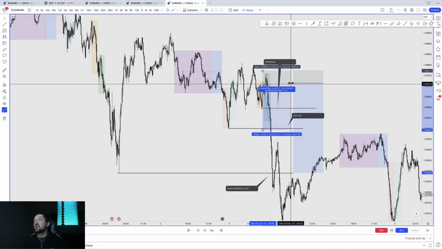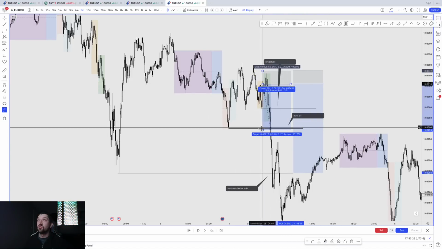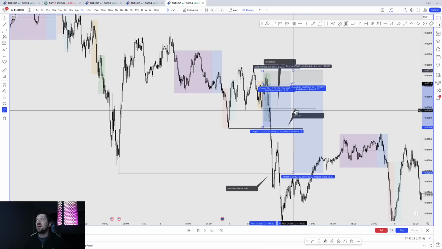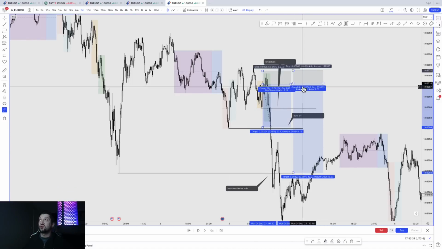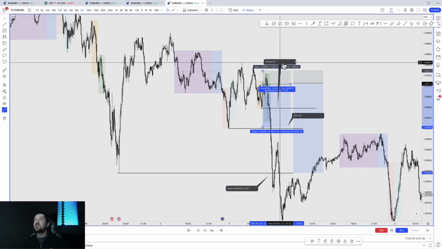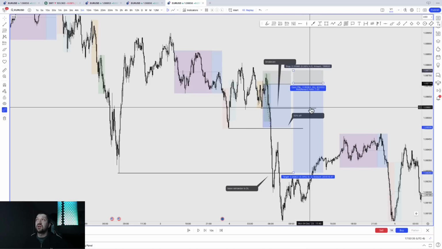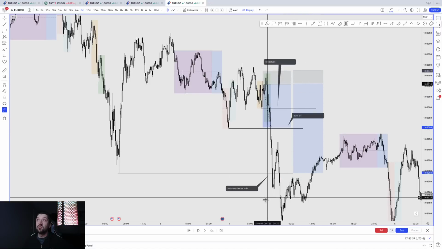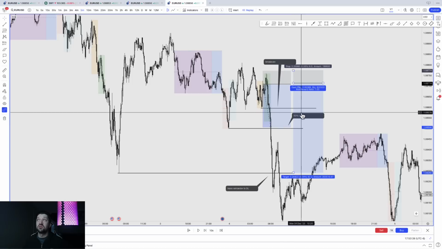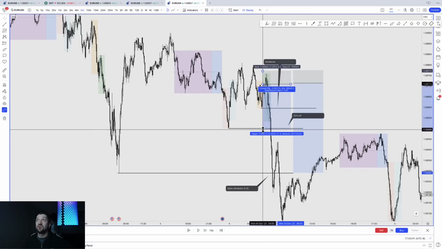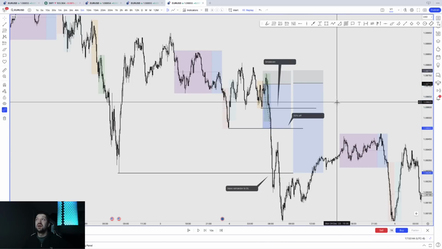And what I'll do at the end, after I'm done with what should have happened and what could have happened, a lot of times I'll delete the trade tool, but I'll leave the bubbles. If you want to keep the trade tool or the bubbles on, you could change your bubble colors and trade tool colors for what should have happened versus what happened.